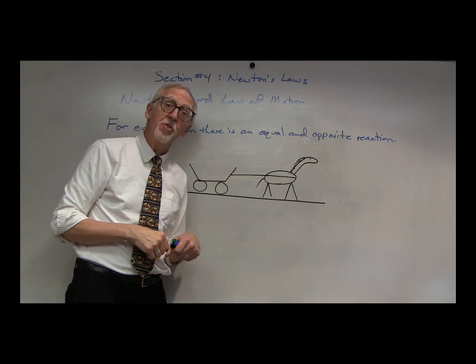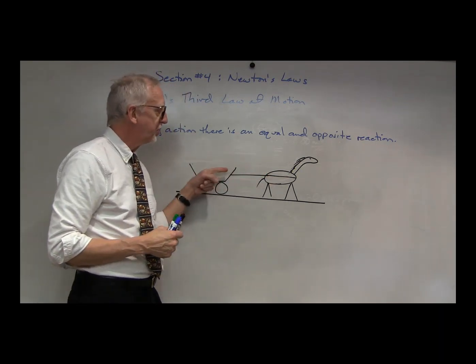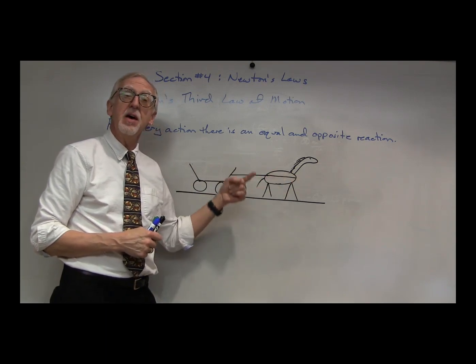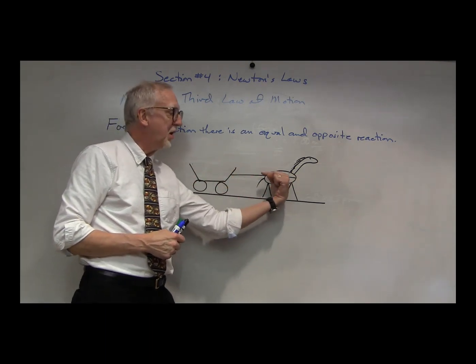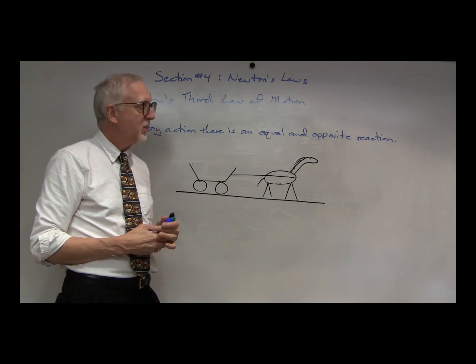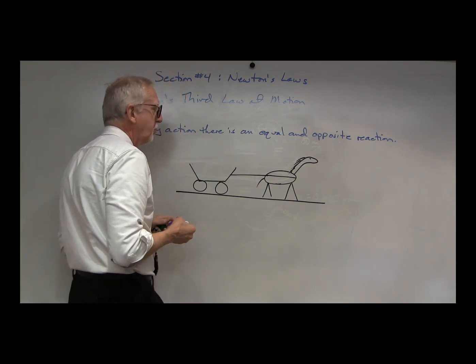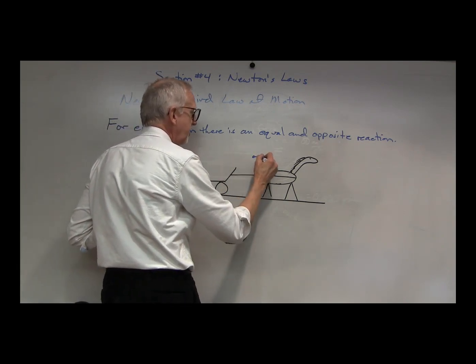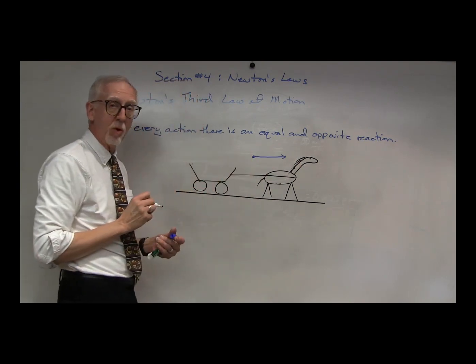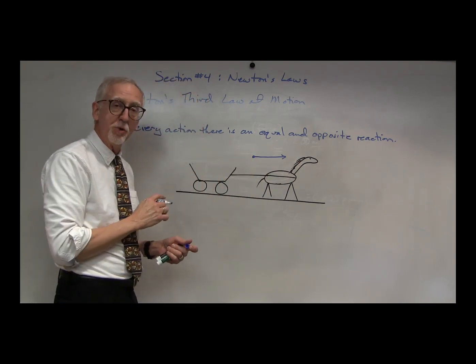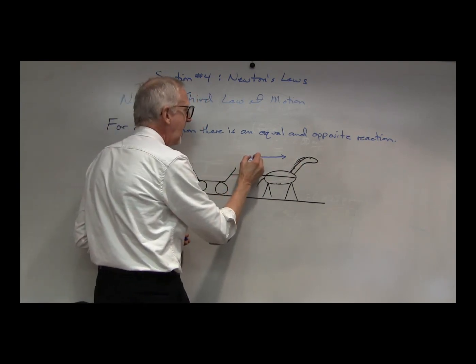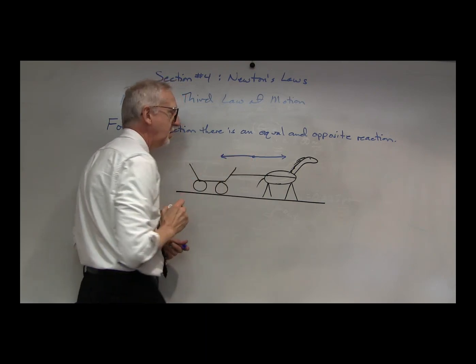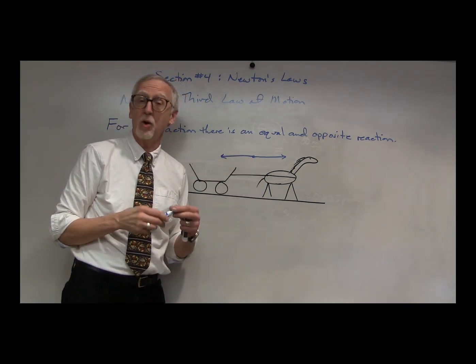What does Newton's third law tell us? If the horse pulls on the cart that way, then the cart must pull on the horse this way. So if the horse pulls on the cart that way with some force, the cart must pull on the horse in the opposite direction with an equal magnitude force.